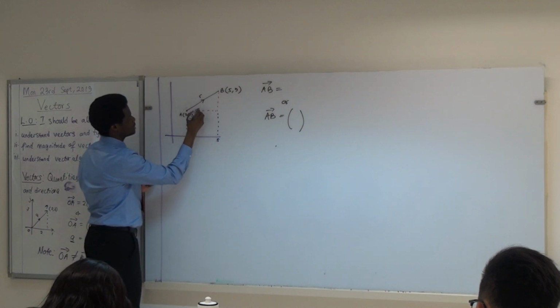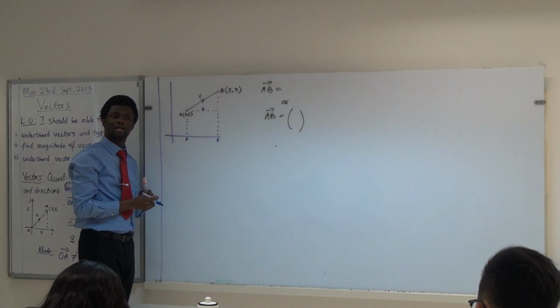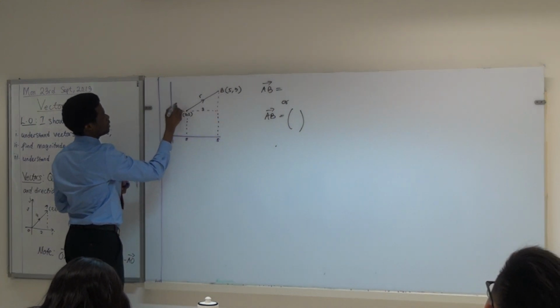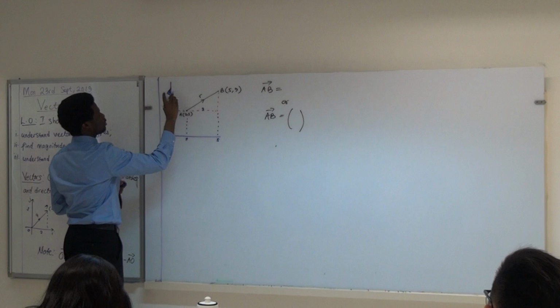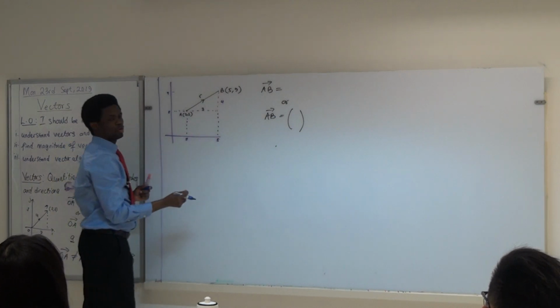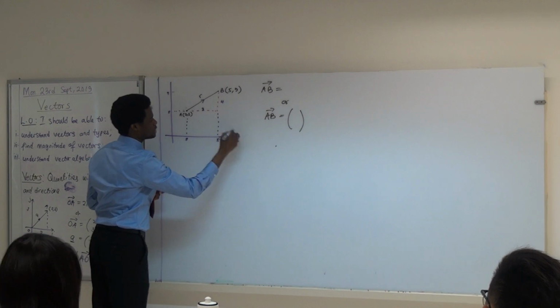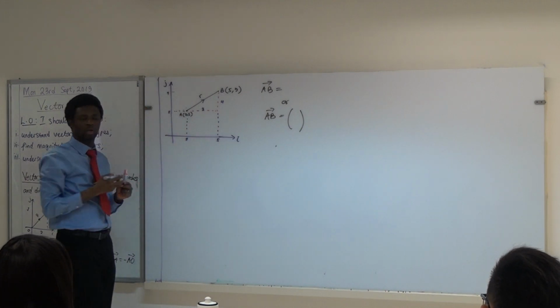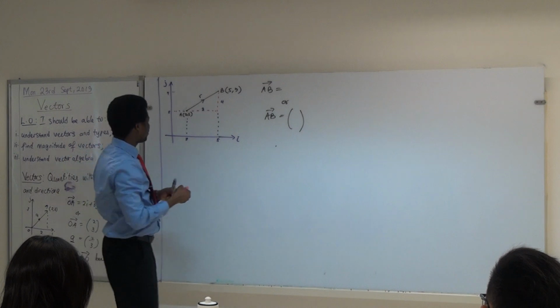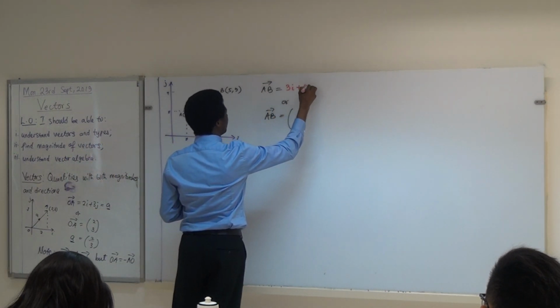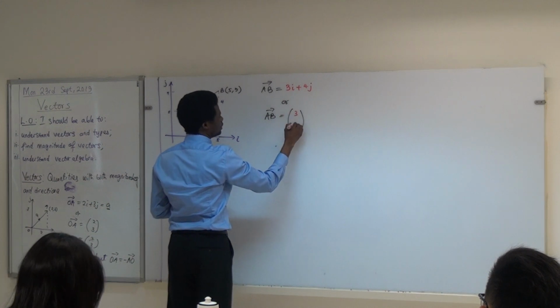So what is this distance? 3. And in this case, what is y here, and what is y here? So what is this one? 4. So along the horizontal is 3, along the vertical is 4. The horizontal component is the i component and this is the j component. So what would that be? 3i plus 4j. And if you put it in matrix form, just (3, 4).